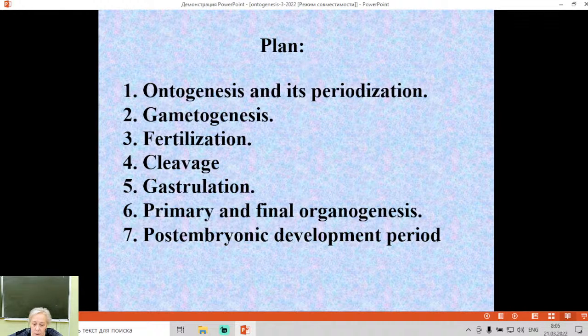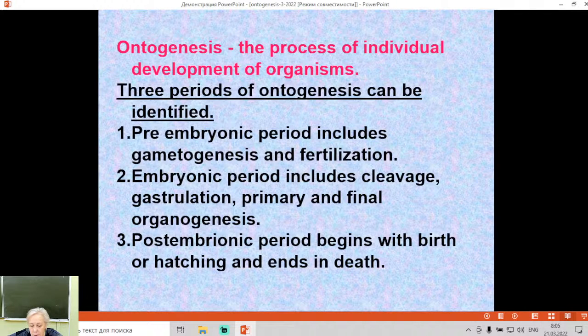Last lecture, we considered the question about gametogenesis, and you must remember there are three periods of ontogenesis: pre-embryonic, embryonic, and post-embryonic period. The pre-embryonic period includes gametogenesis and fertilization. The embryonic period includes cleavage, gastrulation, primary and final organogenesis.